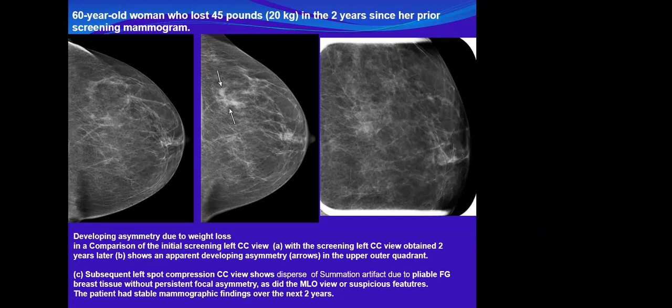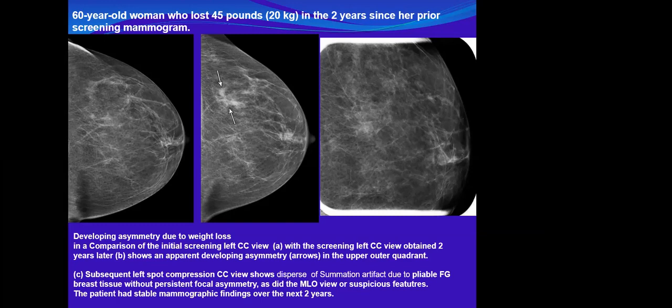In comparison with the initial mammogram 2 years ago, there is an apparent developing asymmetry in the upper outer quadrant. The MLO is not there. On subsequent left spot compression, it disappears due to summation artifact or pliable fibroglandular tissue without the resistance of a focal asymmetry.